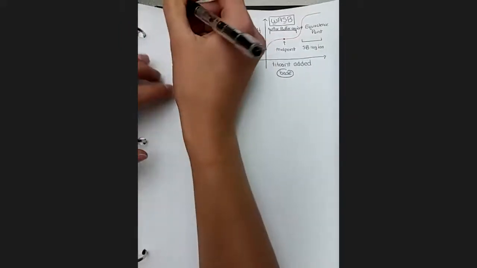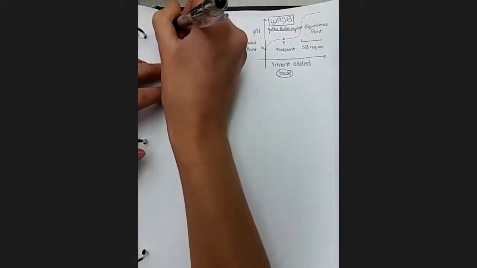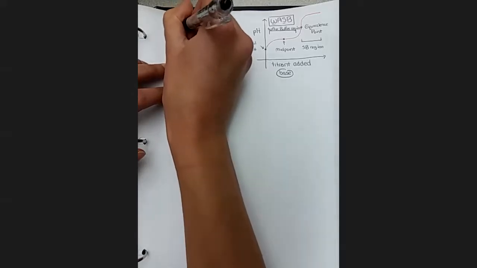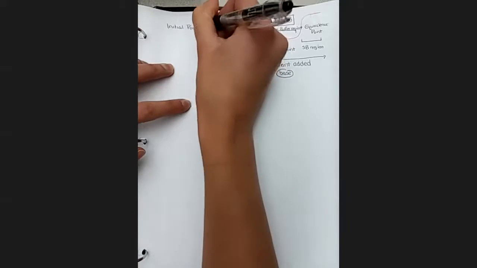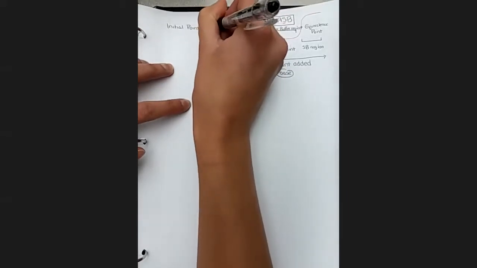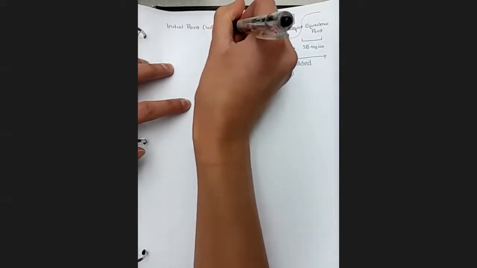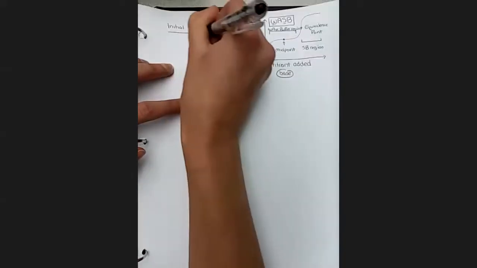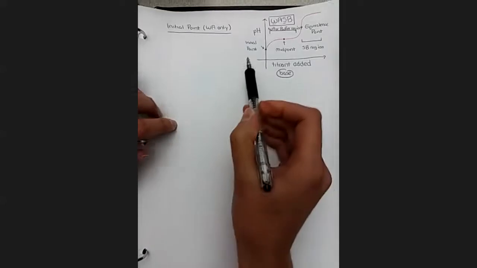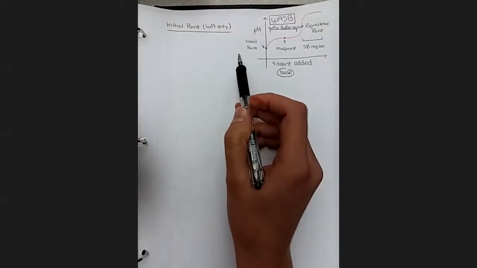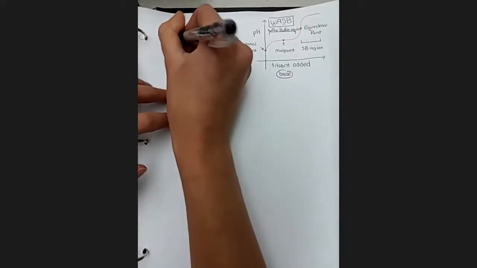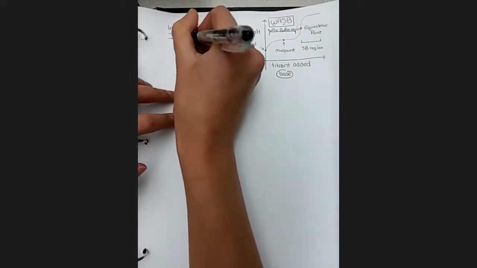And the problem solving is going to look a little bit different this time because we have a weak acid in the system. So we'll start with the initial point. So at the initial point, we have not added any base titrant. All we have is weak acid. But we know for a weak acid, it's not as simple as plugging the molarity into the pH formula. We need to do an ICE table first.